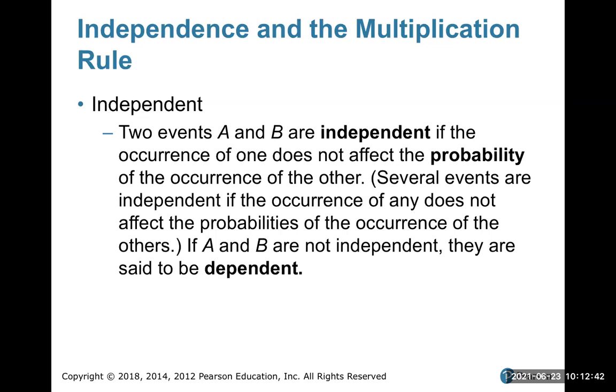So two events are independent if the occurrence of one does not affect the probability of occurrence of the other. They are dependent if the probability of one affects the probability of the other, if that makes sense.